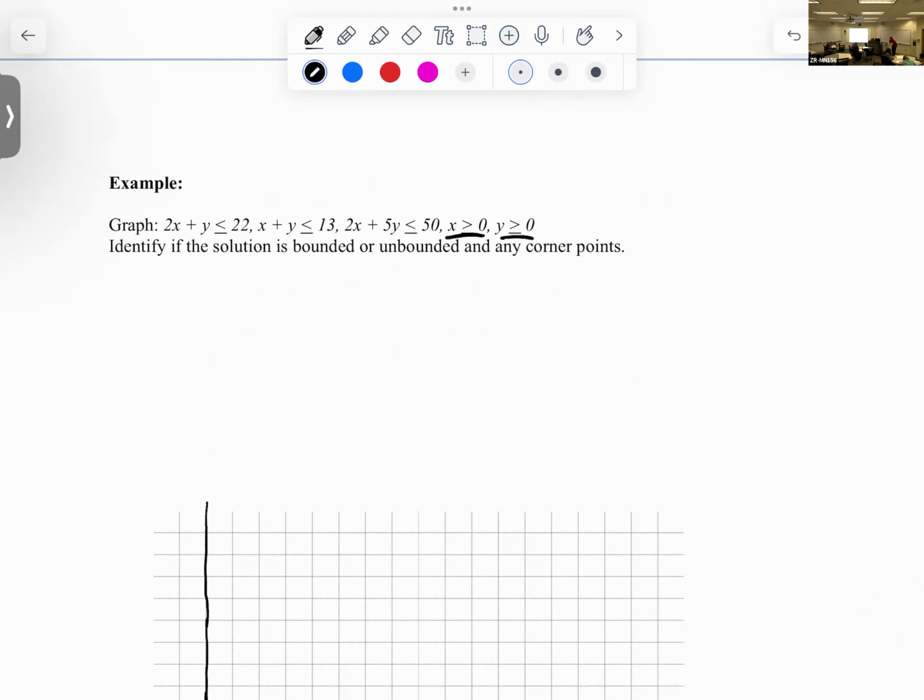So we graphed both of those. All right, let's see our other graphs.